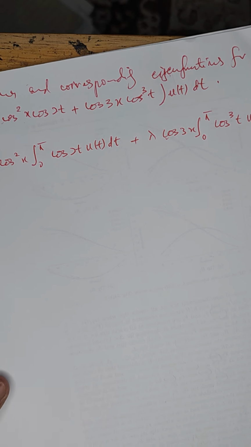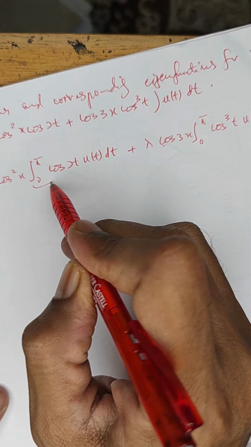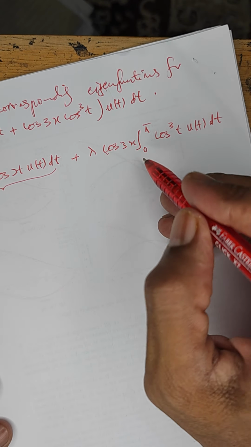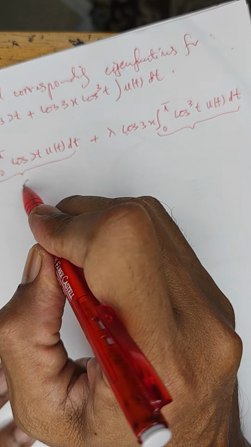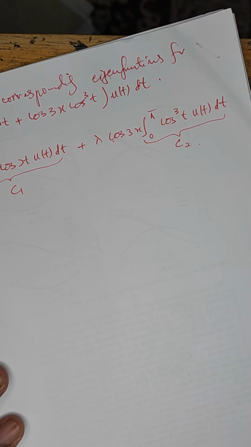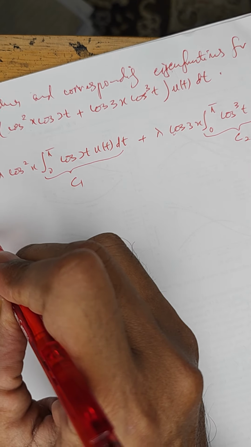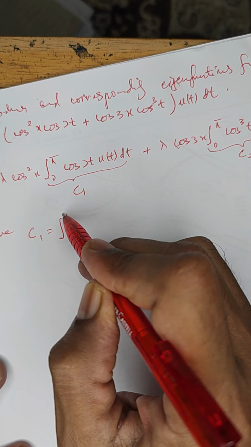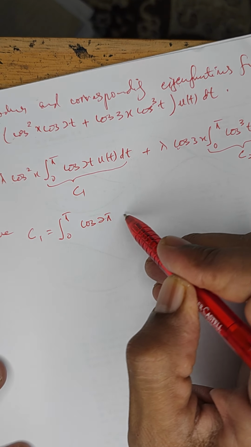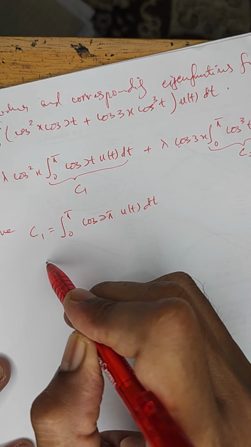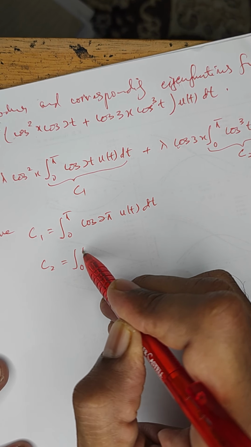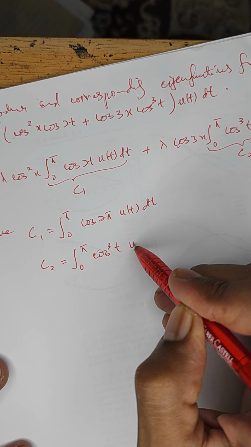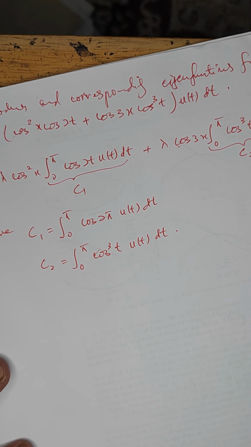Now we define that part, the integral that involves the unknown function u. Let's say this is c1, and this is c2. So let's write it down. Define c1 equal to integrate 0 to pi cos 2t ut dt, and c2 equal to integrate 0 to pi cos 3t ut dt.